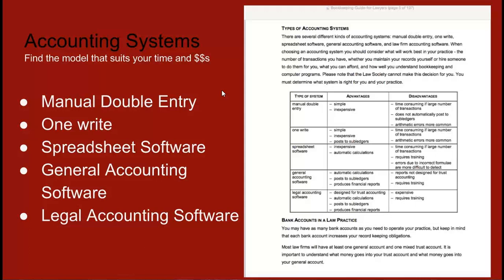And then came the advent of general accounting software. So you've got general accounting software such as QuickBooks, and you've got Xero, and all the other software similar to those that are meant for professionals, for businesses.